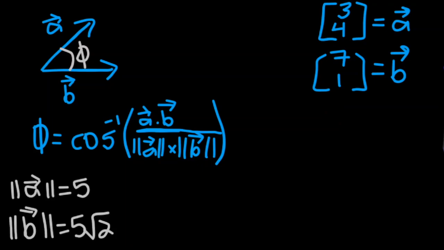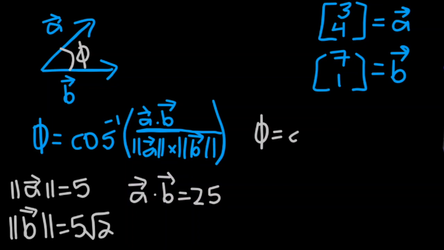So we have already determined that the magnitude of vector A is 5 and the magnitude of vector B is 5 root 2, as well as the dot product of vectors A and B equals 25. So now we have all the necessary information in order to find out what phi is, and so all you have to do is plug it into the equation so that you get the arc cosine of 25 over 5 times 5 root 2.